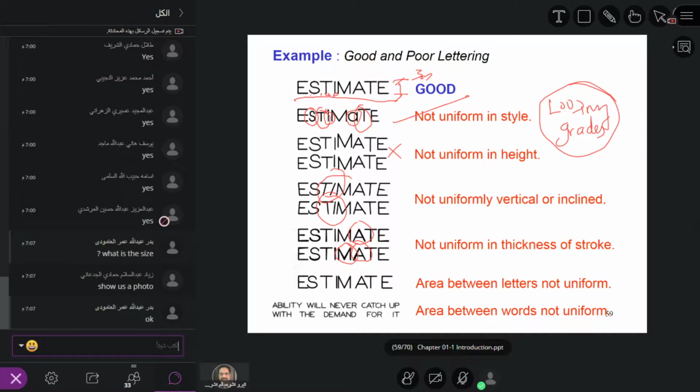This also, you see here, the gap is not uniform. Compared to this, this is wrong. So all these will give you lower grades. Be careful. And the area between the words, now you see there. Here big area, small, big, small, big. So this is also wrong.